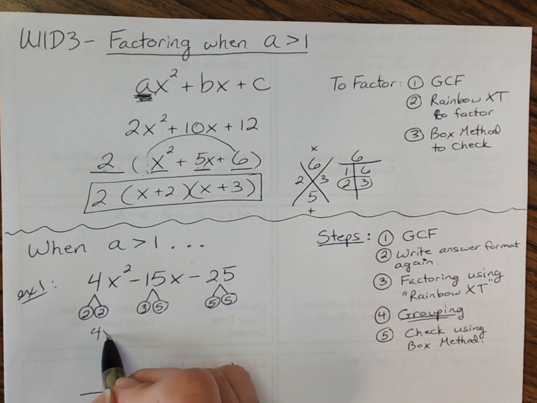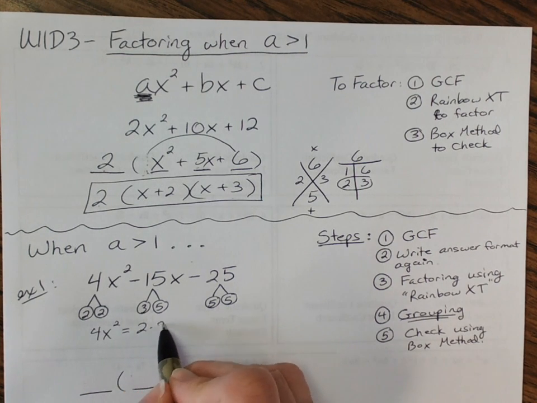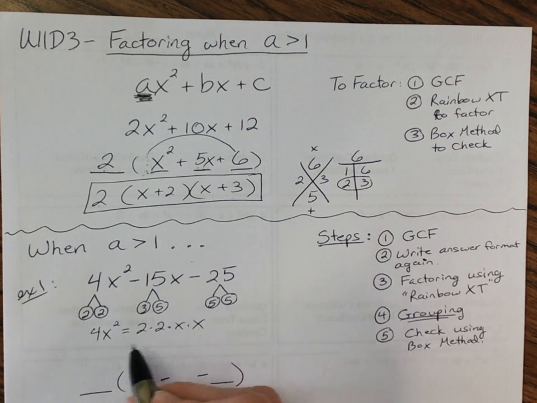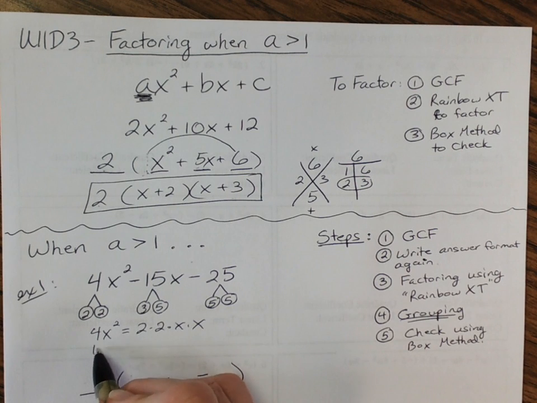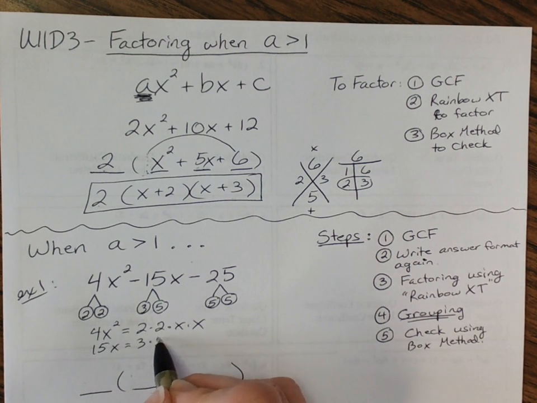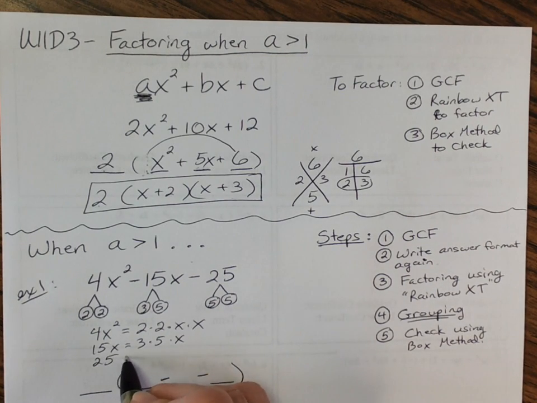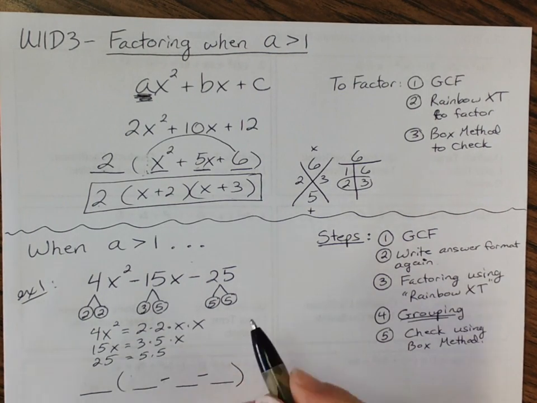So if I write my 4x squared as, here's my prime numbers, 2 times 2 times x times x, and my 15x as 3 times 5 times x, and then my 25 down here is 5 times 5.